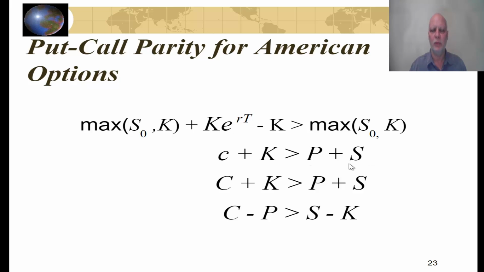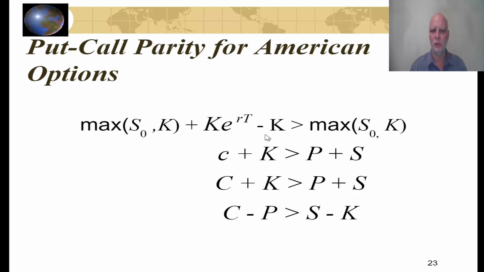If we look on the other side, the American put option plus the stock, well, if the put option is exercised, you will get the amount of money K. If it is not exercised, you will still have the stock value. So if I compare these two relationships, this side is always worth more than this side due to the time value of money.